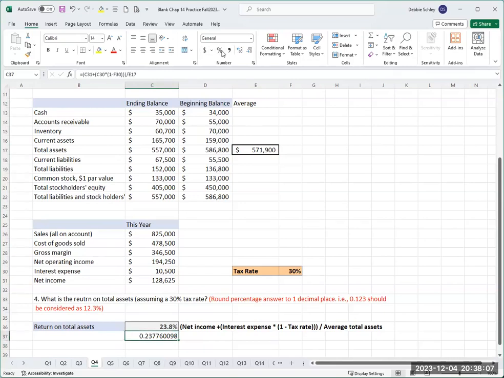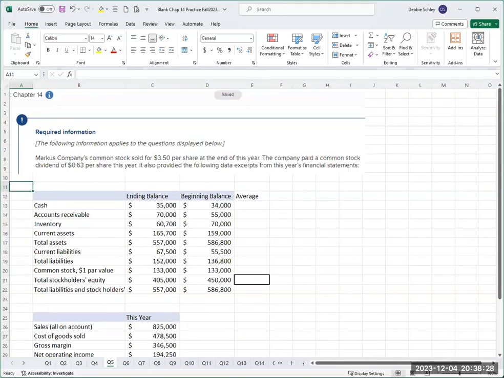And then if I tell that I wanted a percent with 1 decimal place, same answer. So you can do it either way. You can do it all in one cell, or you can figure out average first, because that's a lot of parentheses to remember and get straight. And if you don't get them all straight, you'll end up with the wrong answer.